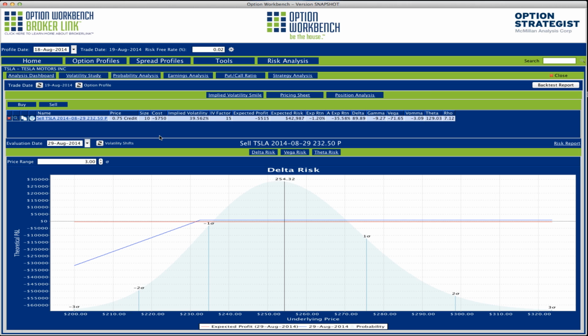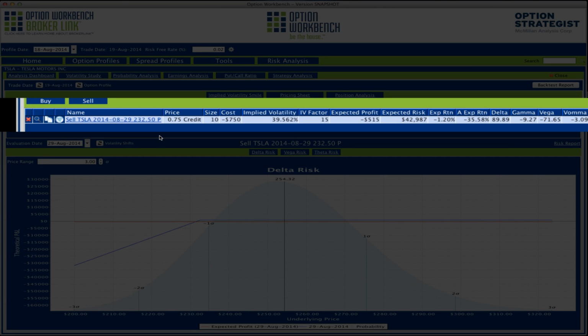and I'll add this position to my analysis, and I can see that I still get a slightly negative expectation, and I still have the 75-cent credit at mid. My default lot size is 10 lots. That can be changed in the settings. So now it's 75.5 cents. So I'm getting a $755 credit.